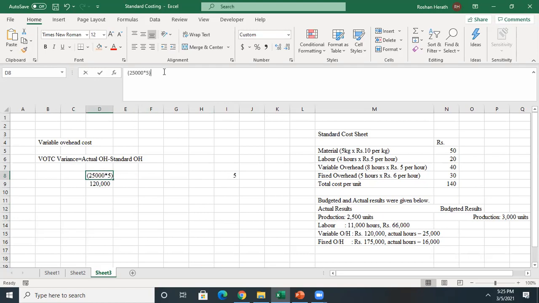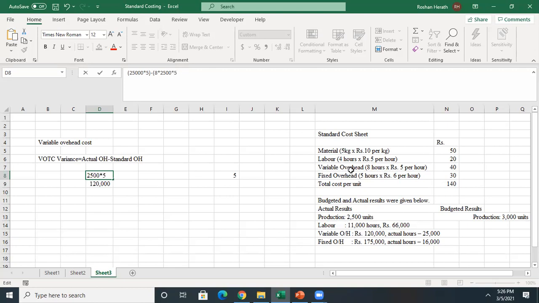Then how about the standard? When it comes to the standard, per unit, it takes variable overhead 8 hours. And you have 2,500 units actually. So then you are supposed to take 8 into 2,500, in the sense 20,000 hours would have been taken. And per hour it's paid rupees 5.